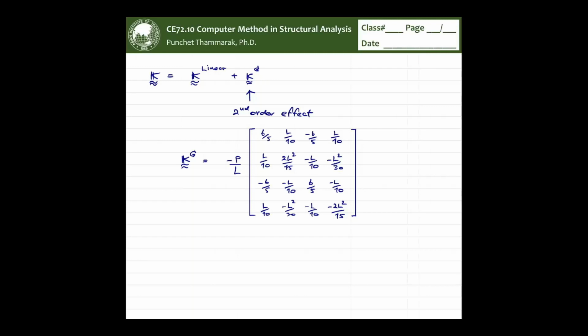Square of the length scale. So E multiplied by I, which is the length to the fourth. So you end up with force multiplied by length square, and you have 12 EI over L cube. So force times length square divided by L cube, you end up with force over length scale to the power of 1. And here that 12 is consistent with the 6/5.